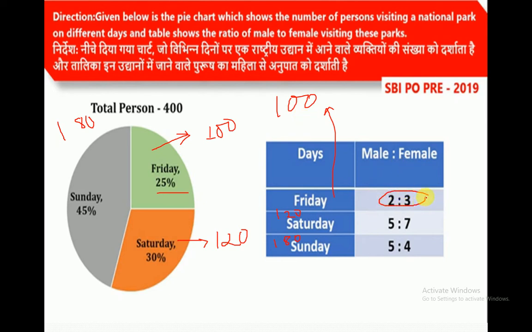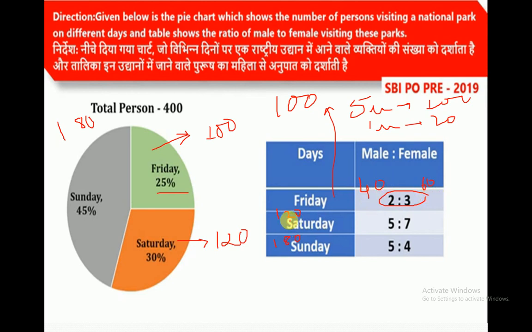We did that in the previous slide: the total amount is this much, and it's distributed in this ratio. So the total over here is 5 units. 5 units equal to 100, then 1 unit will be equal to 20. So male on Friday it's 40 and female it's 60.